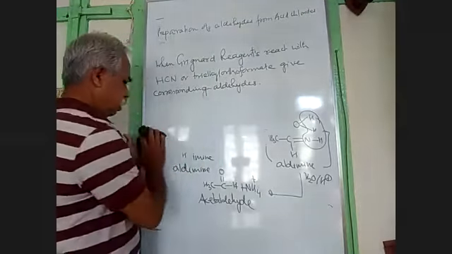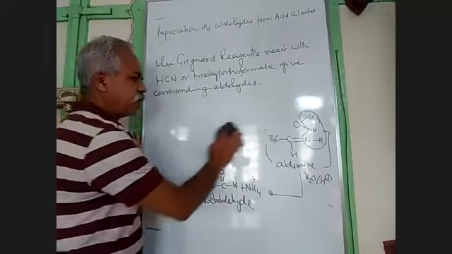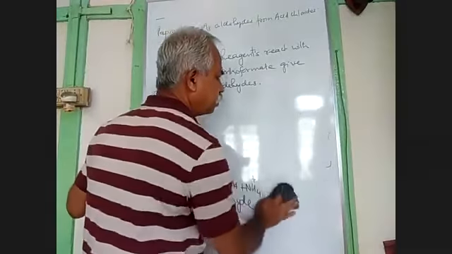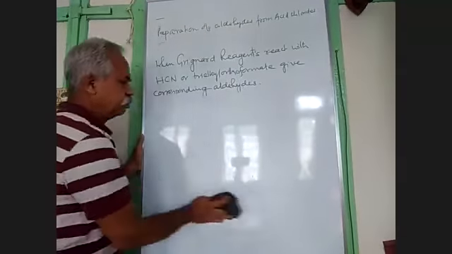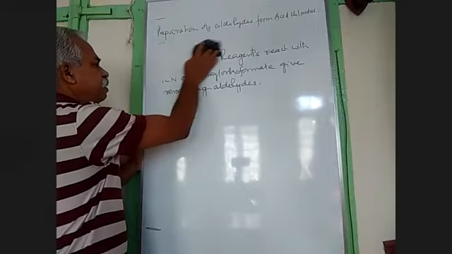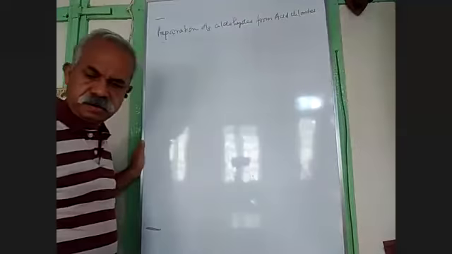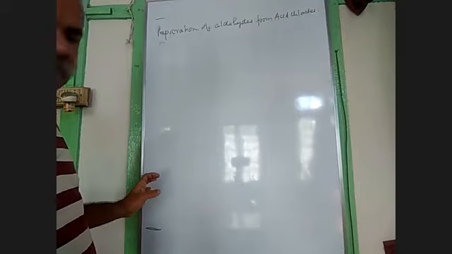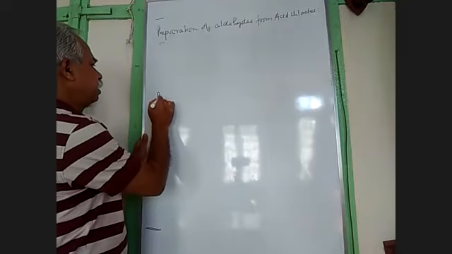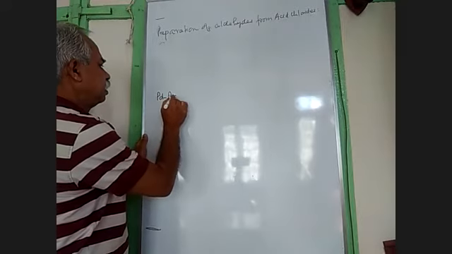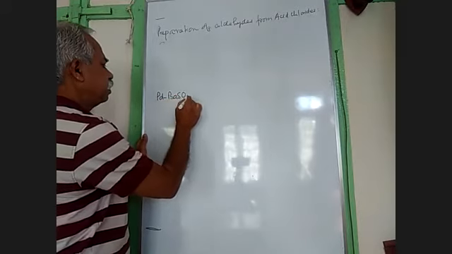So, in the Rosenmund reduction, I've given you a combination of the catalyst, no? Palladium barium sulfate. That catalyst I've given, palladium barium sulfate, in this Rosenmund reduction, you have written or not?